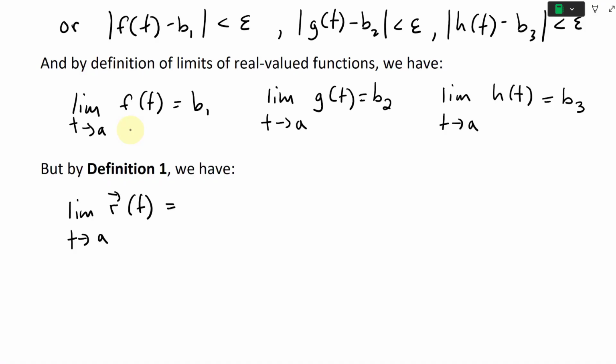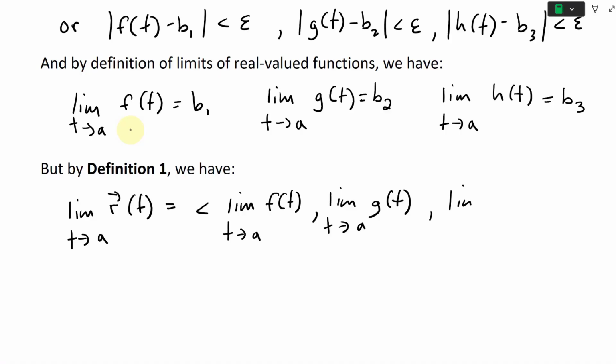In other words, this equals the limit as t approaches a of f of t, and then the limit as t approaches a of g of t, again just by the limit of the vector function being the limit of its components by definition, and the limit as t approaches a of h of t. All right, so we have this. I think my calculus book actually uses a bigger bracket like that.